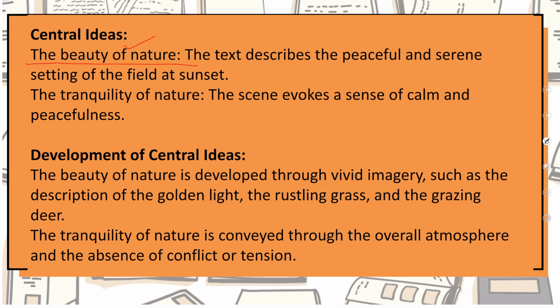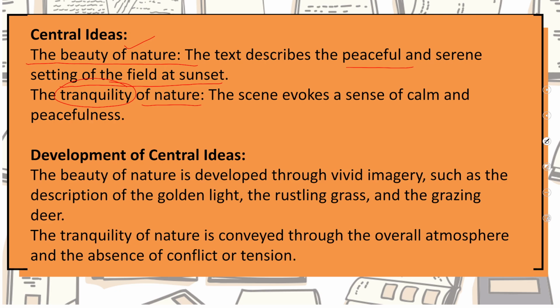The text describes the peaceful and serene setting of the field at sunset. Then, not only appreciating the beauty of nature, but the author also talks about the tranquility that we find in nature itself. So it means he is relating these two ideas together.